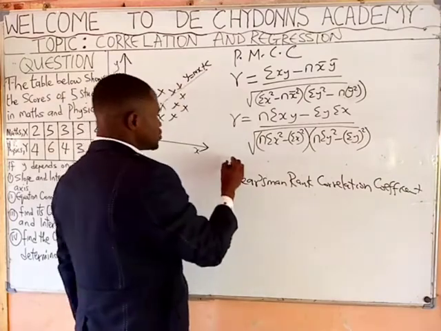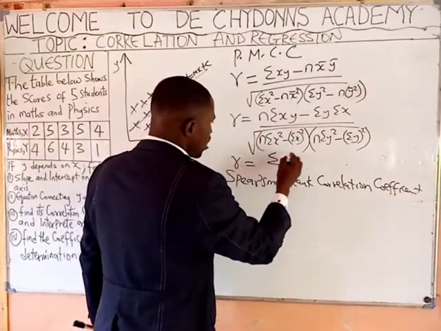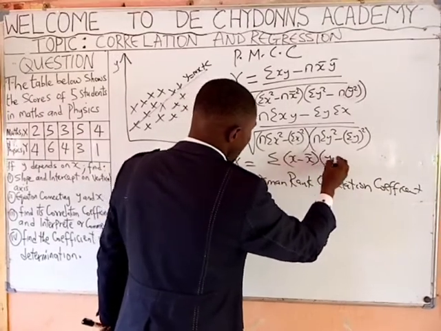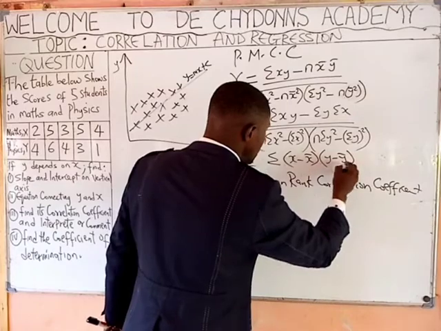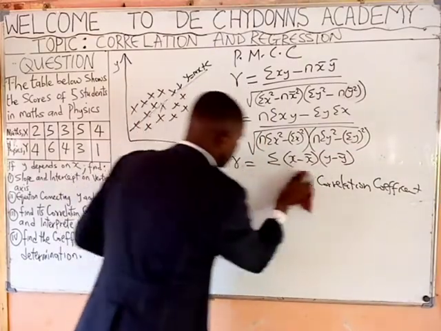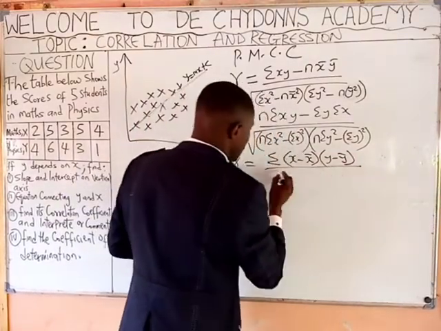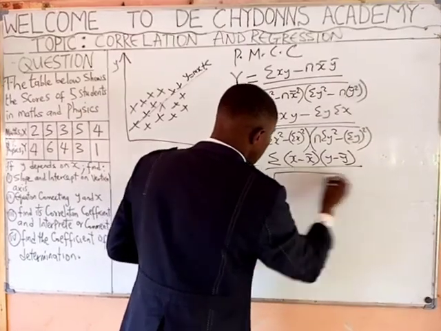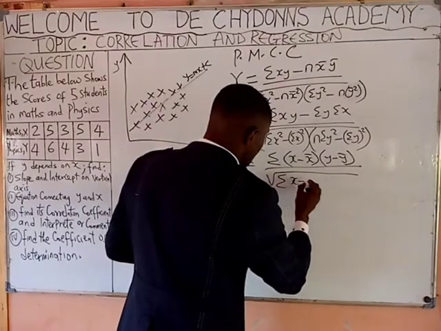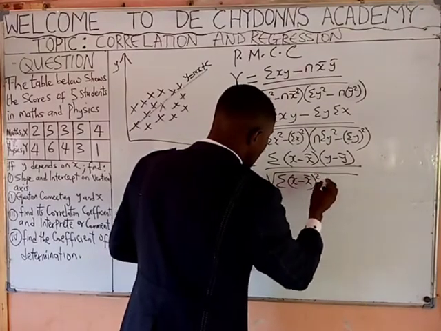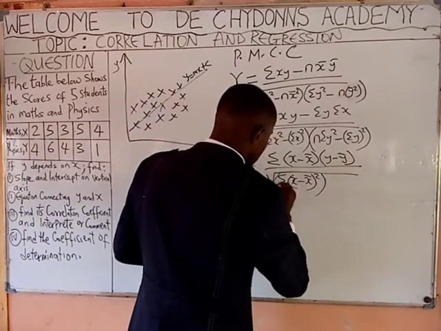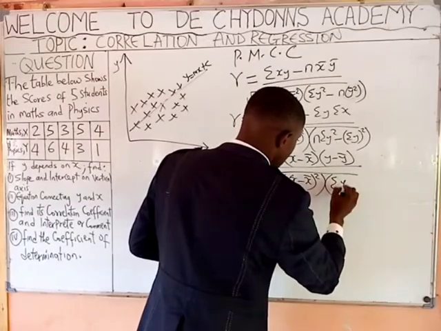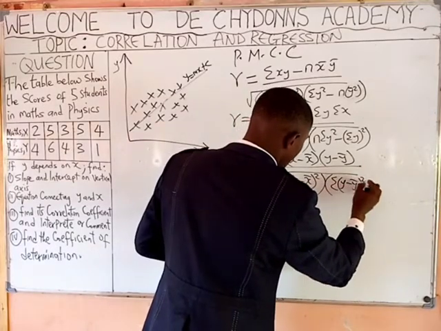Another formula you can use is r equal to summation of x minus x-bar, bracket y minus y-bar, all over the square root of summation of x minus x-bar all squared and y minus y-bar all squared.